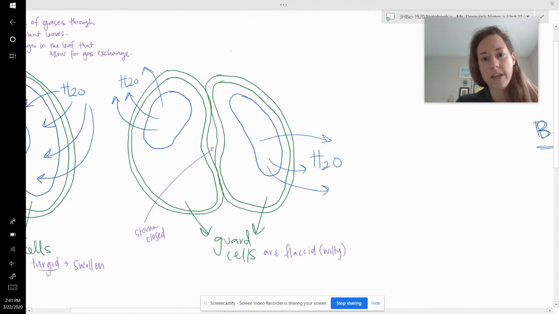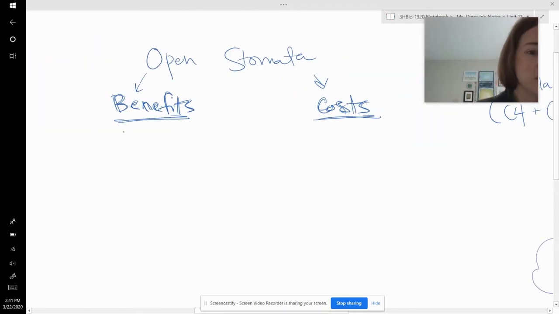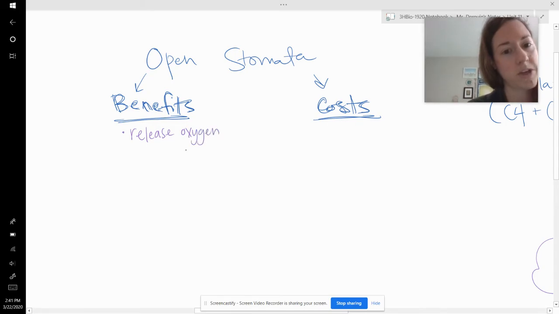So over here, open stomata, the benefits are that you can release oxygen, which for the plant is a waste product of photosynthesis.